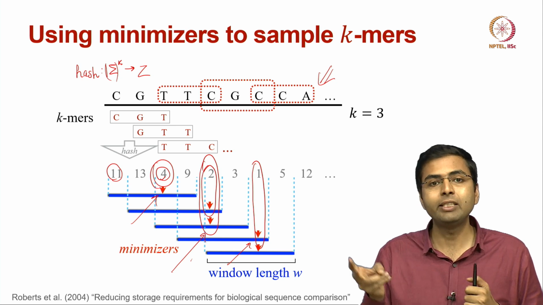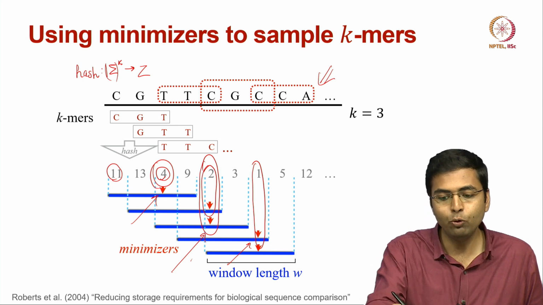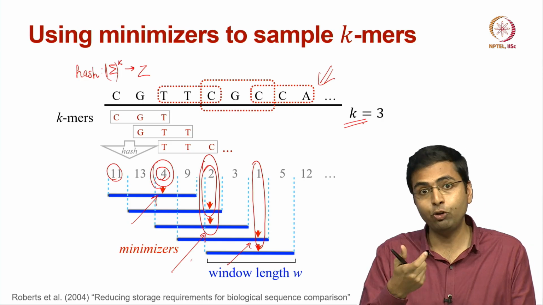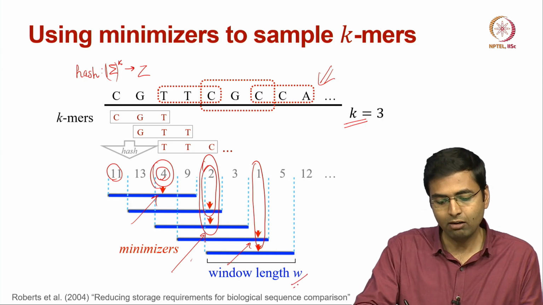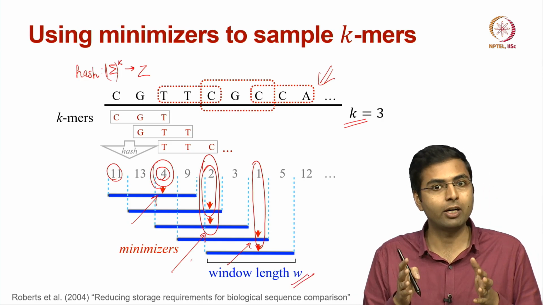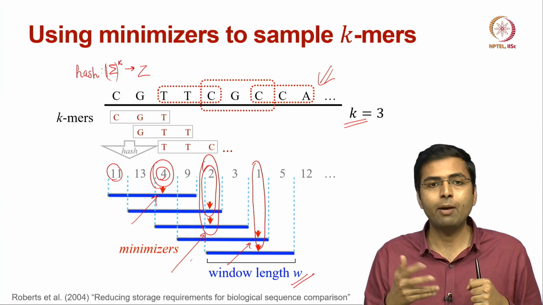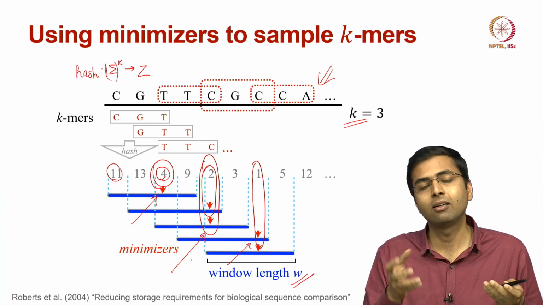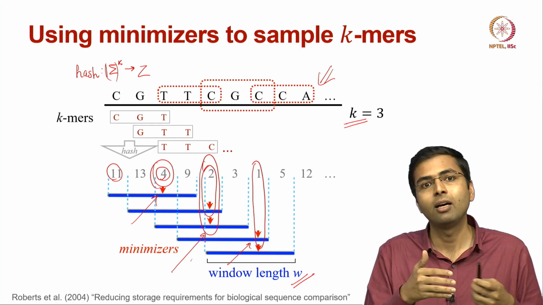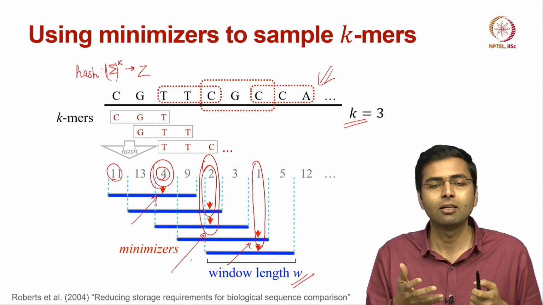The parameters to this algorithm are 2: the value k, that is what k-mer length you are considering, and the value w, that is what window length you are considering. Based on these 2 parameters you will get a final output in terms of the sampled k-mers from the sequence.